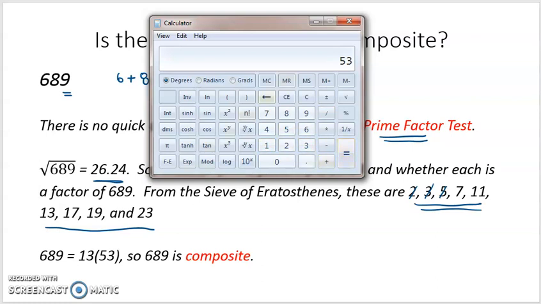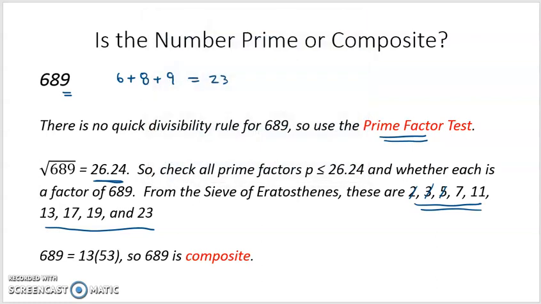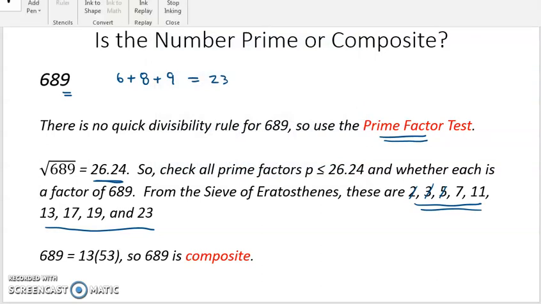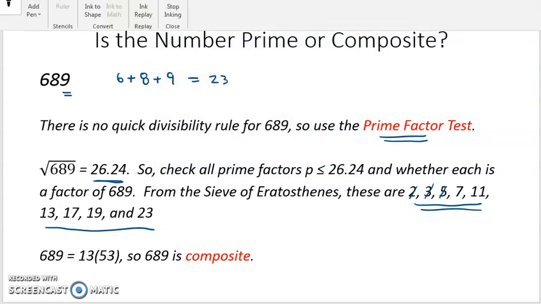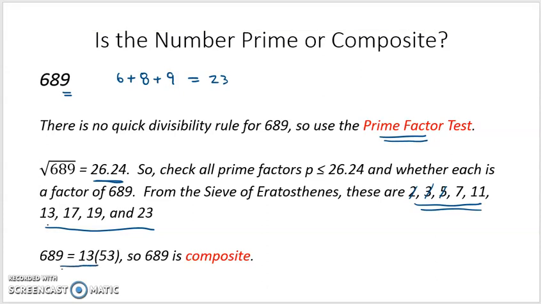So 53 does go into 689 evenly. What does that say? That says that 689 equals 13 times 53. So 13 is a factor of 689. It's not 1, it's not 689. That says that 689 is a composite number.